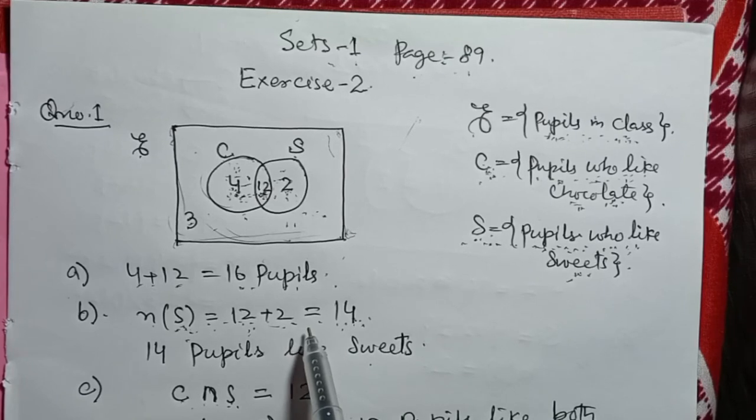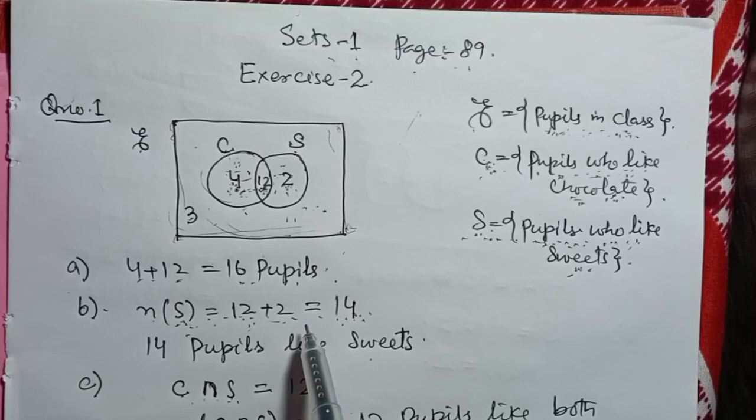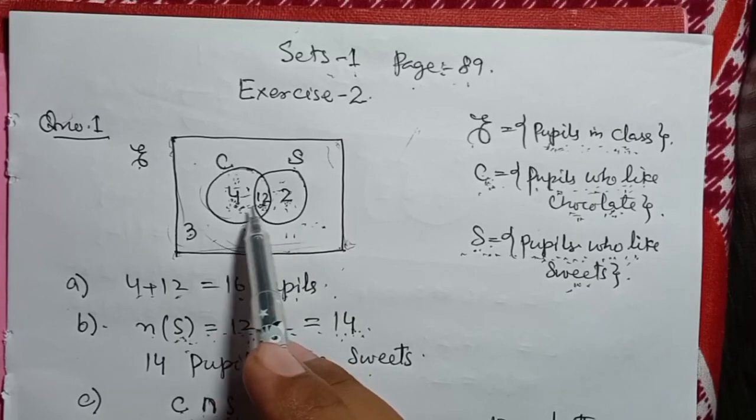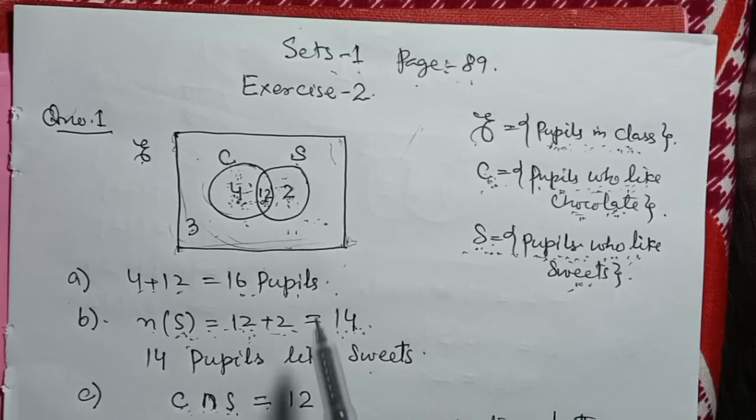Now the third part is, find n of C intersection S and express what this means in words. We can see here C intersection S is 12. Why?